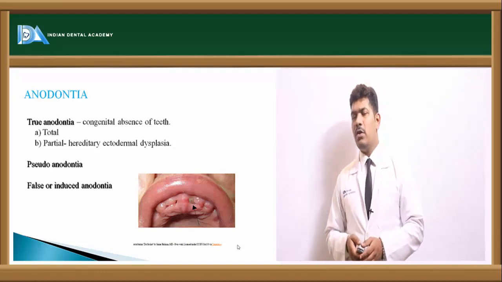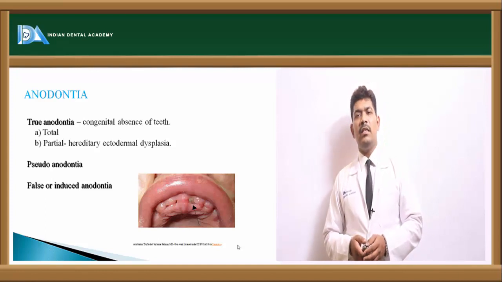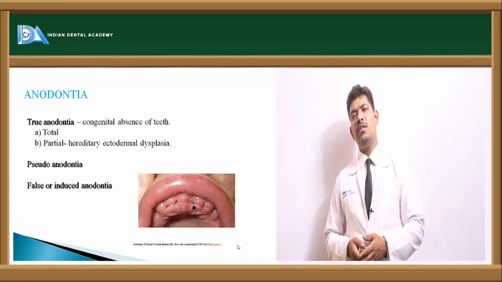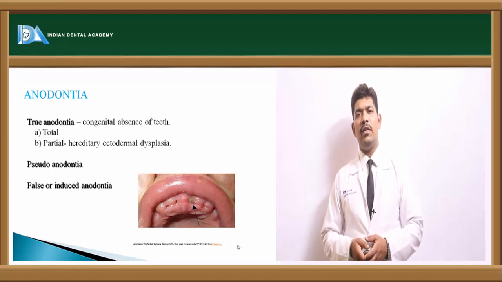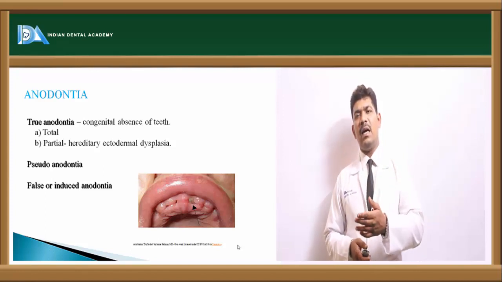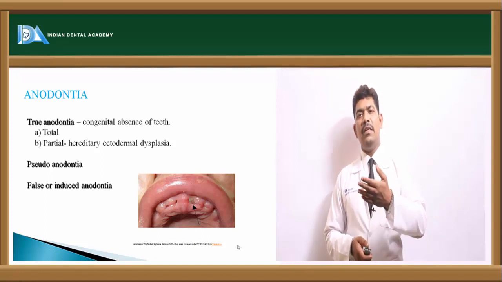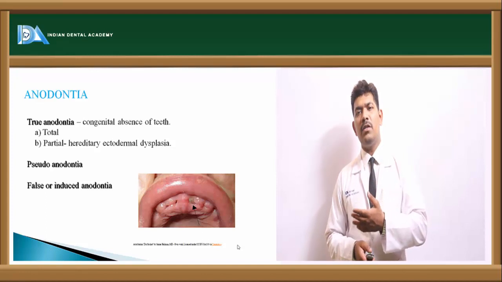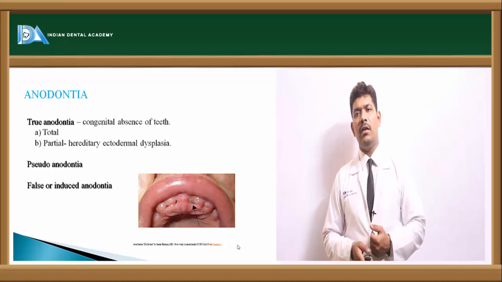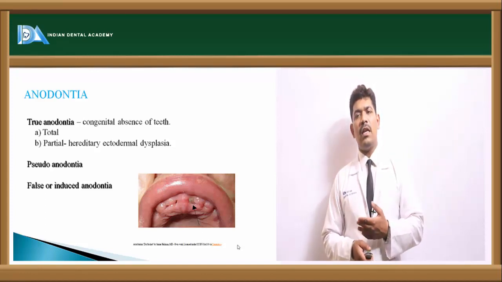Now there is also pseudo anodontia. That means there is a lack of eruption of these teeth into the oral cavity. Clinically there is absence of teeth and it could give an impression of anodontia, but if we take a radiograph, we find submerged or impacted teeth within the jaws itself. So it is not actual anodontia, but pseudo anodontia.